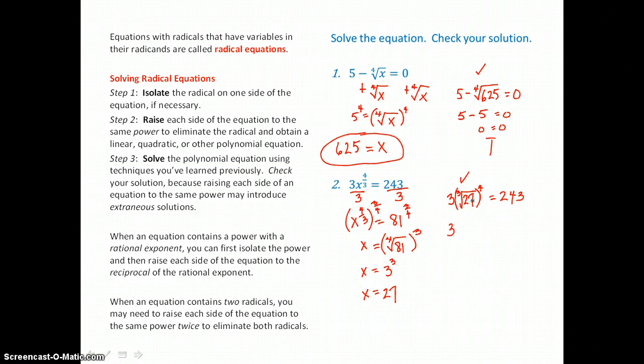So I've got 3 times, the cube root of 27 is 3, and that's 3 to the fourth power. 3 to the fourth power is 81, and 3 times 81 is 243. So again, I get a true statement, and I know that I found the correct solution. X equals 27.